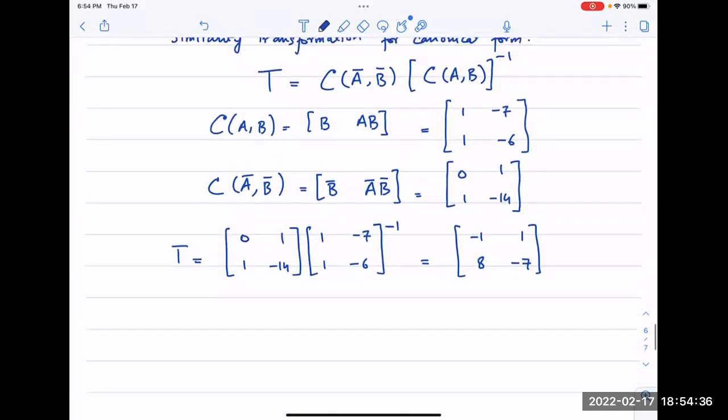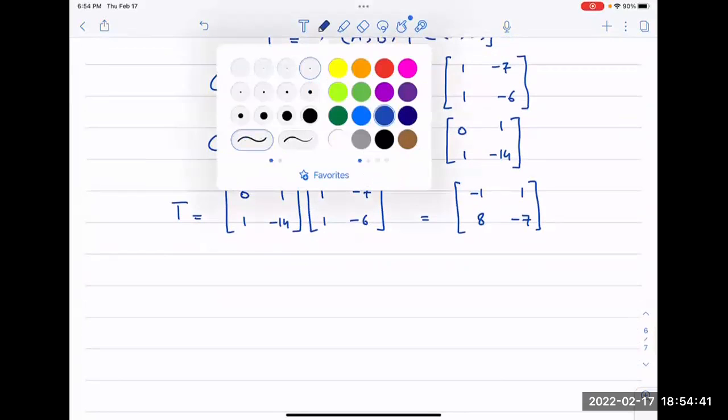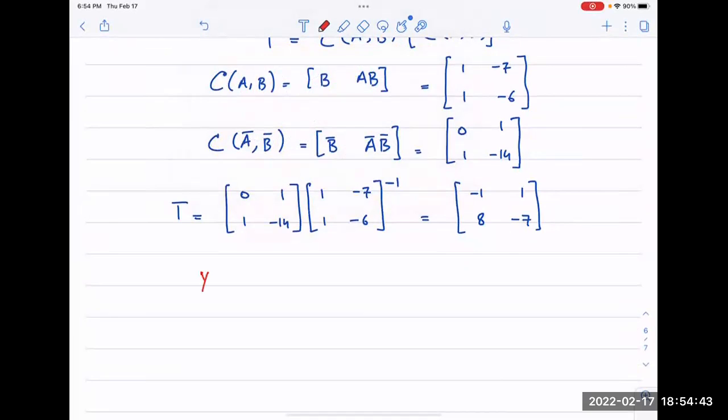Okay. And you can actually verify that T A T inverse equals A bar, and T times B equals B bar.